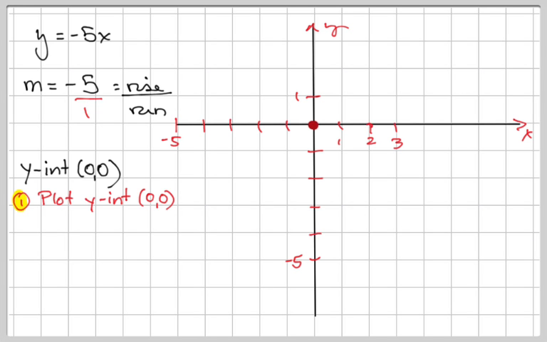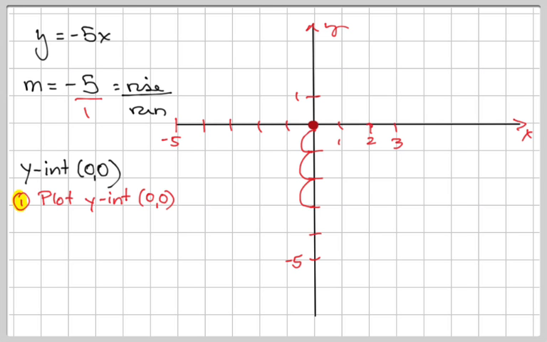Now we'll have a slope of -5 over 1. Usually we equate rising with going up, but this one says -5. So instead of going up, where are we going? Down. From where are we going down? From the y-intercept, in this case from the origin. That's not always the case.